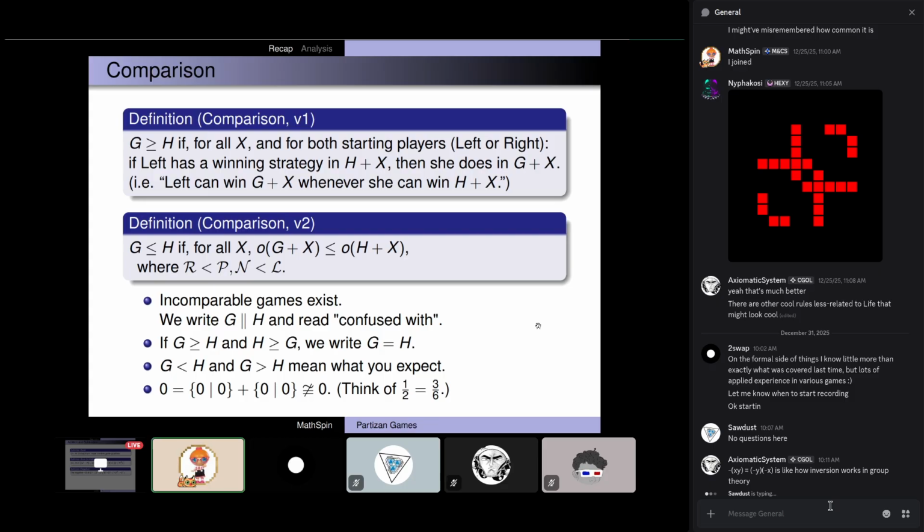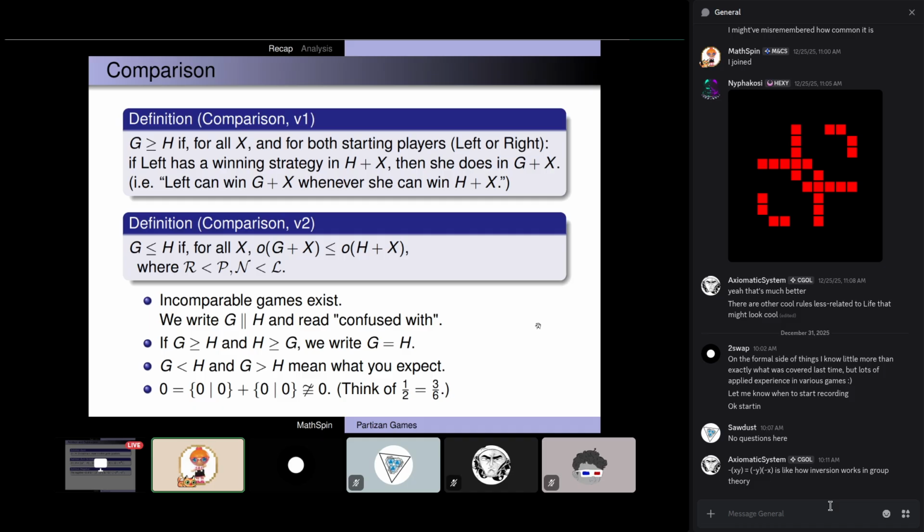So, to give you an example of what I said a minute ago, 0 is equal to star plus star, but star plus star is not the same game tree as 0, because there are no moves in 0, and there are moves in star plus star, but they're equal in the sense that for outcomes of sums, they have exactly the same effect. I encourage you to think about it like fractions.